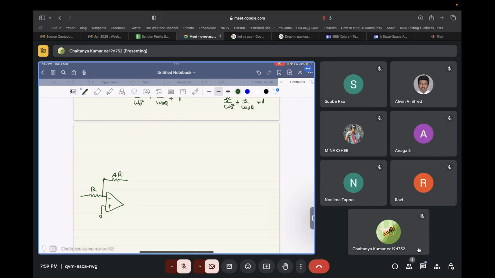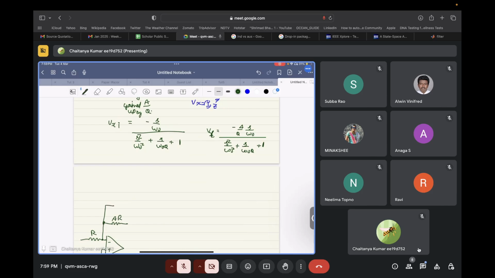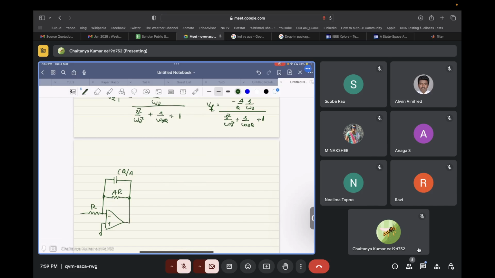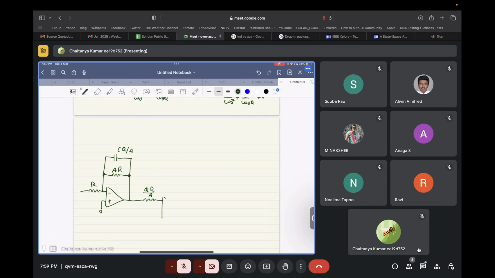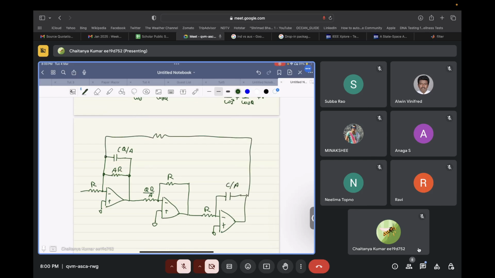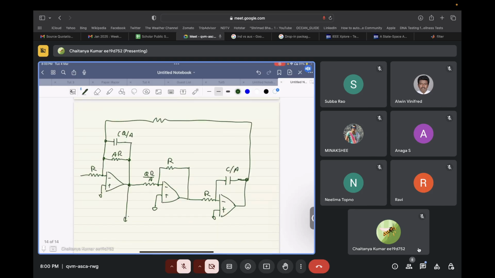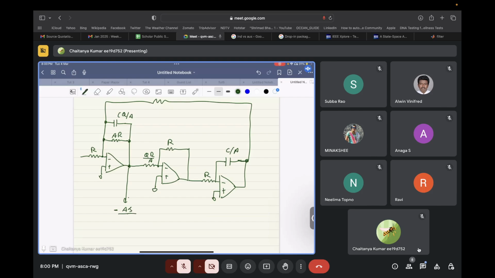So this is AR, this is CQ by A, this is QR by A. This is R, this is R, this is C by A, and this is R. So what I am claiming is this node is equal to minus A by AS by omega naught Q divided by S square by omega naught square plus S by omega naught Q plus 1.